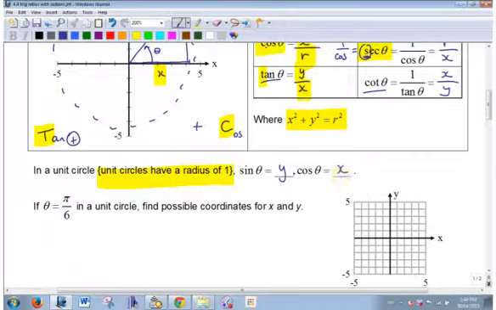So using that, it's pretty simple to do some coordinates, because the coordinates are (x, y) in brackets, right? And if x is cosine theta and y is sine theta, then there are the coordinates for a unit circle.